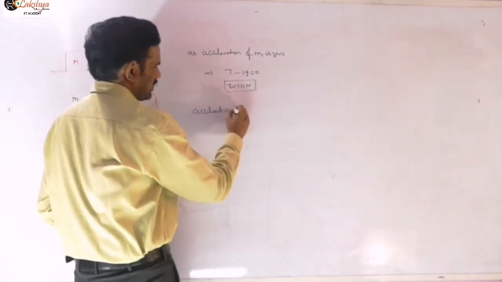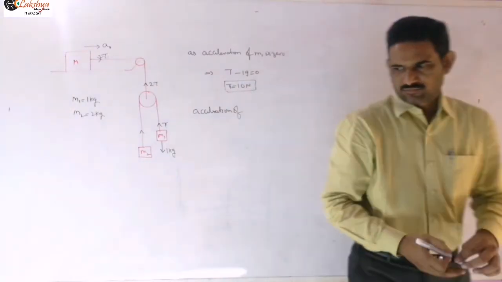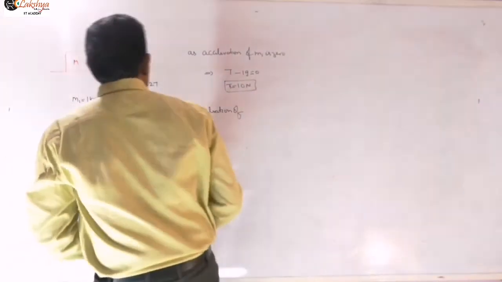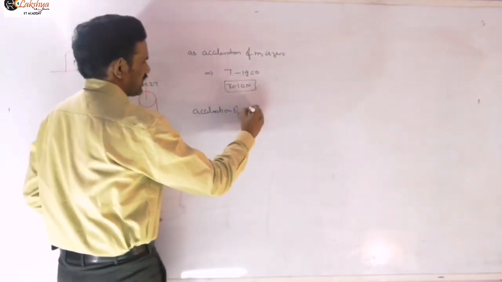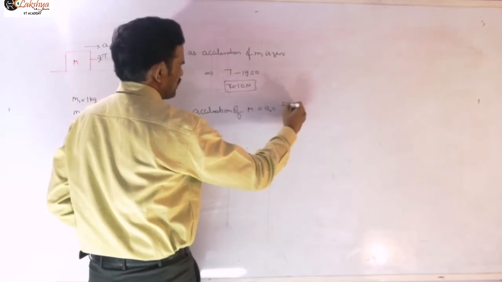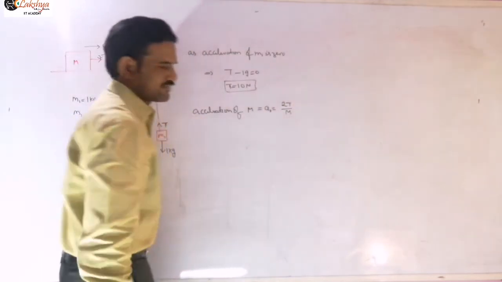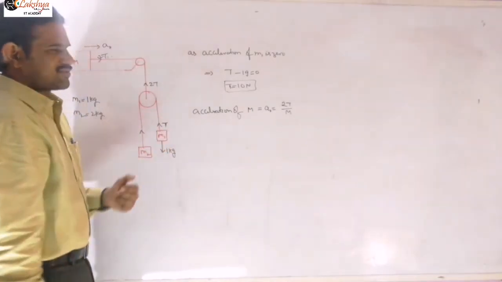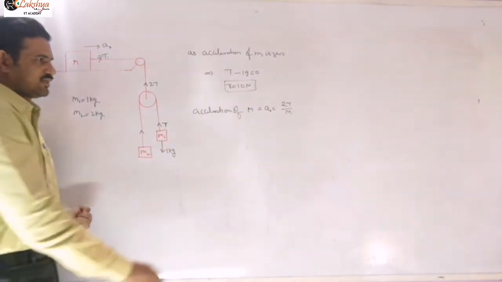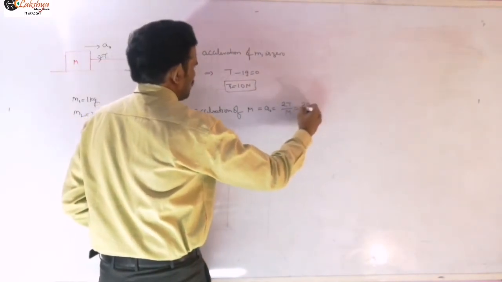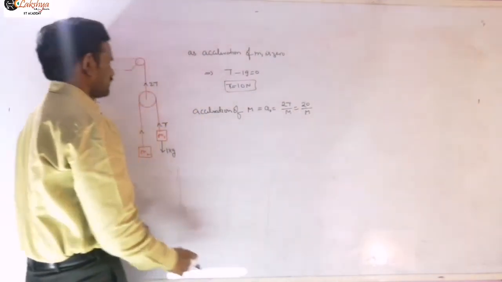For this block of mass capital M, the acceleration a naught is 2T by capital M. That M is unknown for us, and substituting 2T, you will get 20 by M. Let us keep it in terms of T, or you can substitute that value.